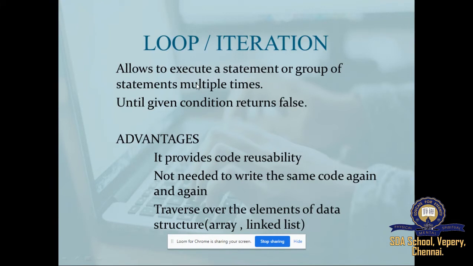It executes a statement or a group of statements multiple times. It is going to execute n number of times, and that n will be denoted in your condition. Until the given condition returns false, in the sense whenever the number of times has reached its limit, it will stop its execution.